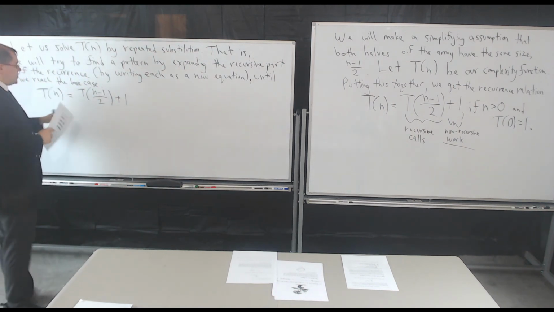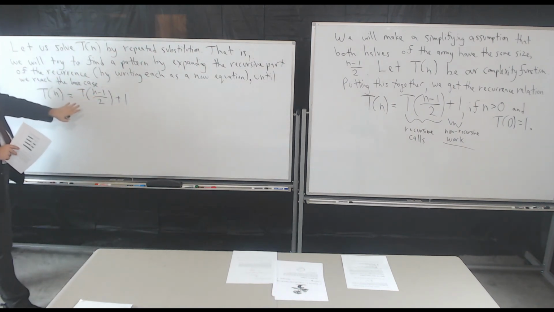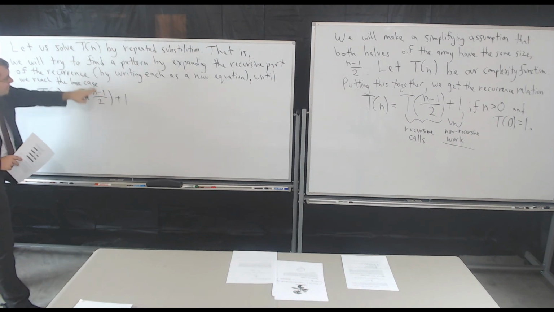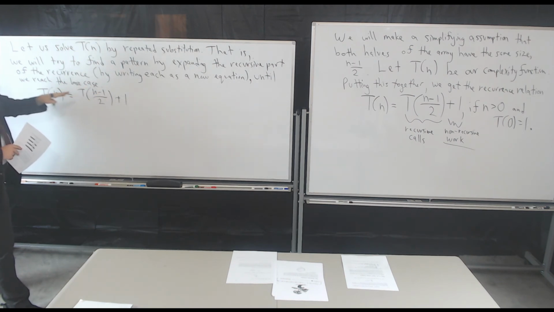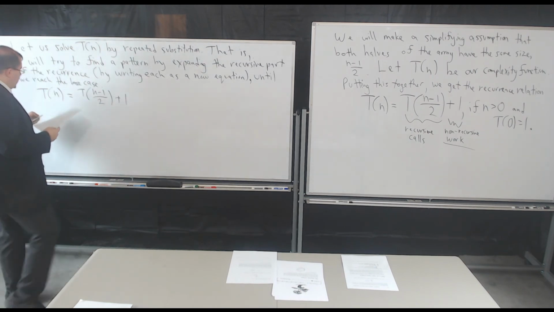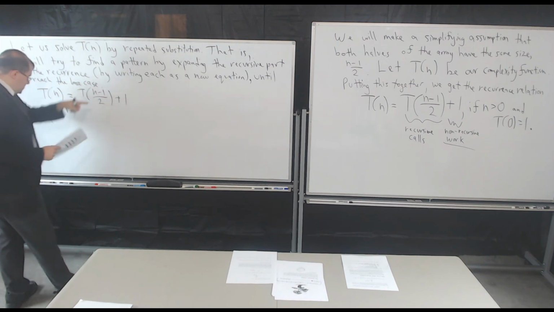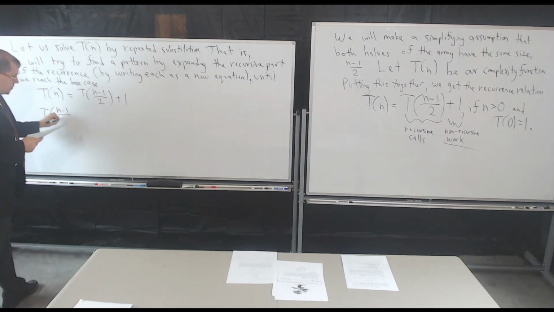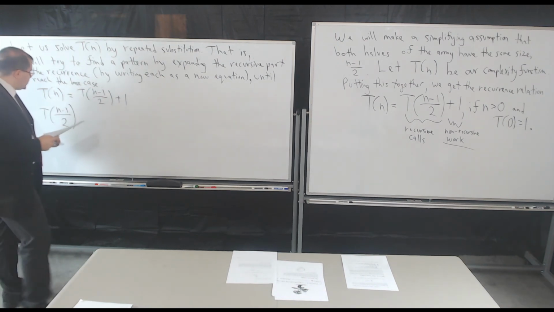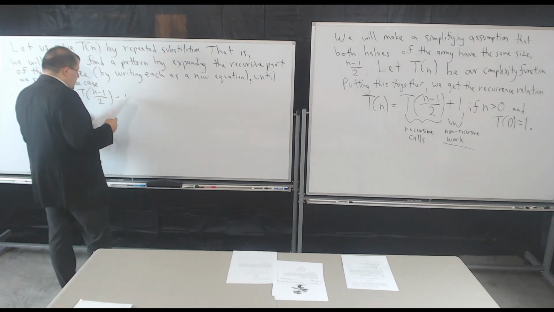Now, I'm going to create another equation where I consider this one right here. And I'm going to keep performing this repeated substitution. So I'm going to write another equation that represents that recursive part of this equation.